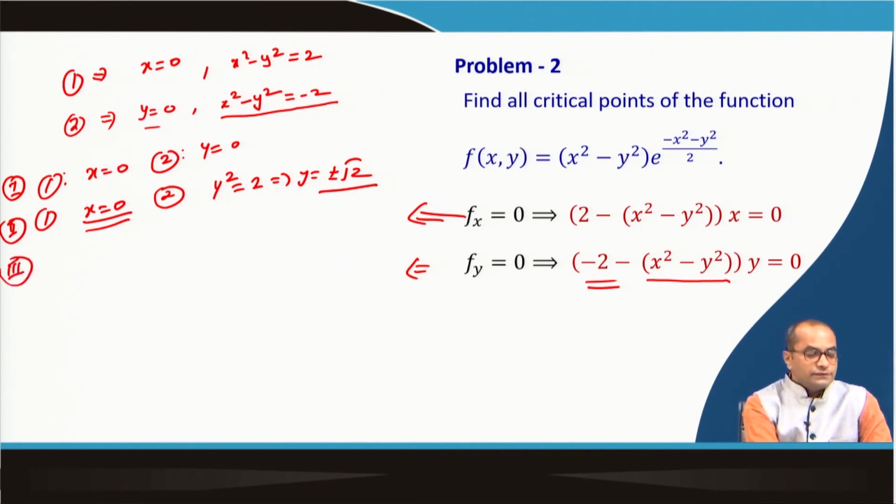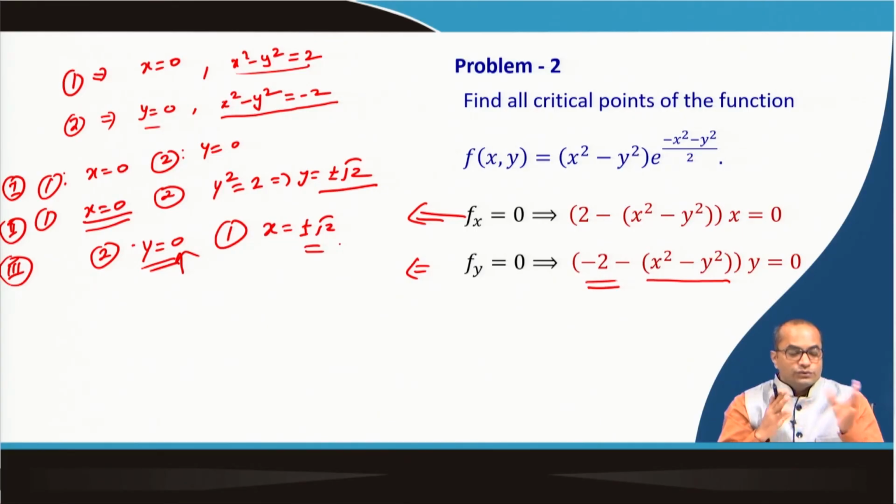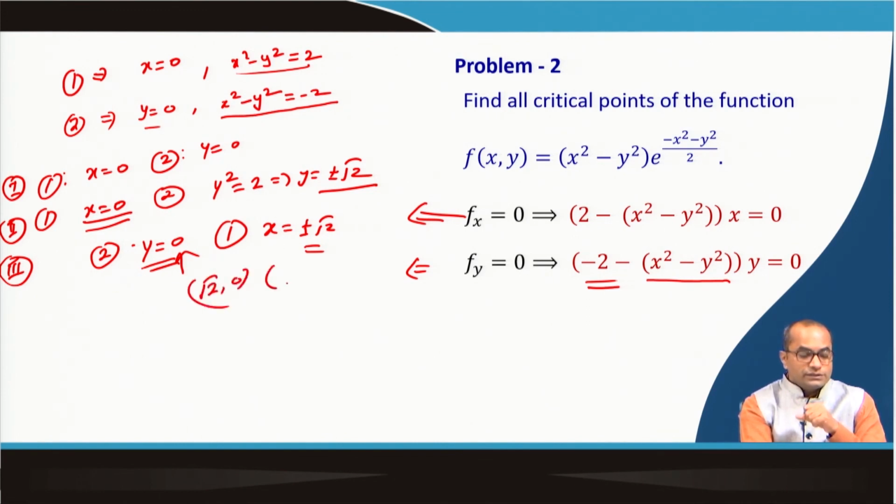The third situation: now from the second equation we first pick y equal to 0, for instance, and then in the first equation we substitute y equal to 0, and we will get x equal to plus minus root 2. So, the points plus square root 2 comma 0 and minus square root 2 comma 0. These 2 points are coming out of this consideration.